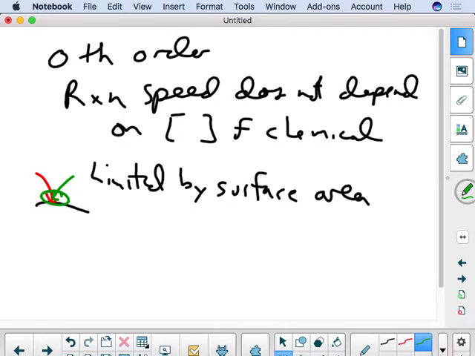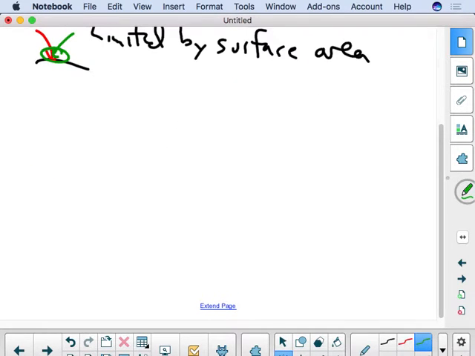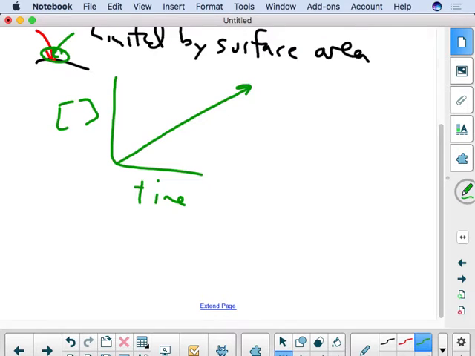So if you look at a 0th order reaction, concentration versus time, it's going to look like that. It's going to be linear. As time goes on, you get more and more chemical, steady and linear.